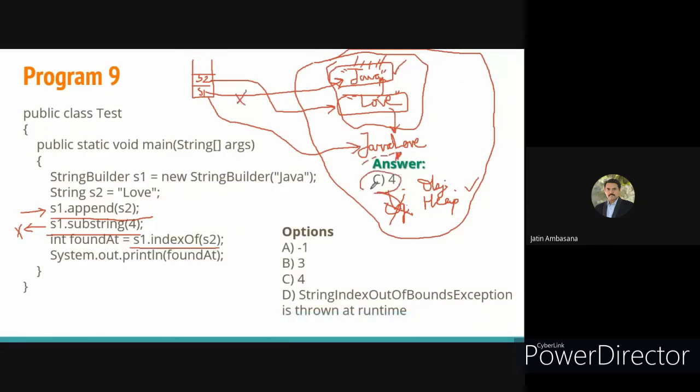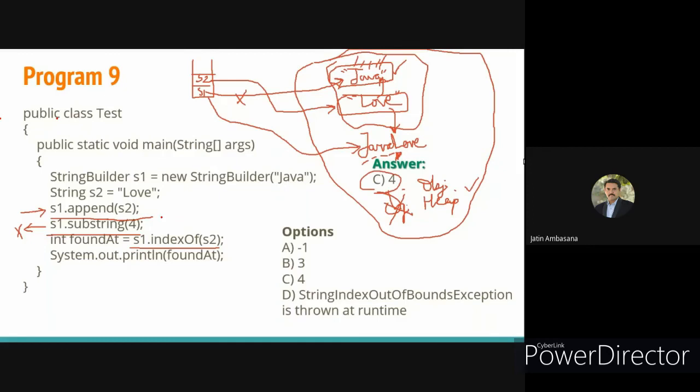When you say in this line s1 dot appends s2, obviously this s2 gets appended to Java, that is love gets appended to Java.